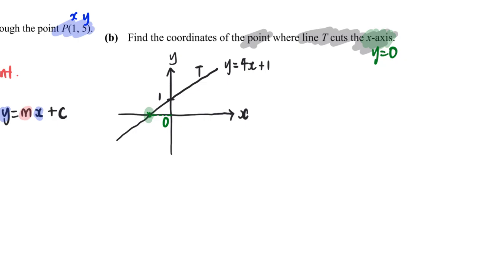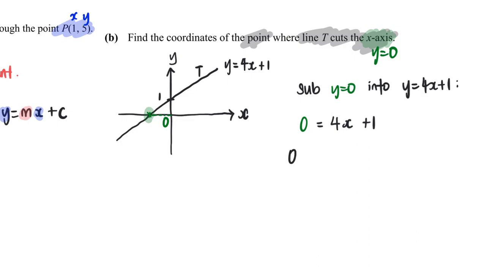So all we have to do in this case here, we just need to substitute y as 0 into the equation. And that will actually help us to find the answer. So 0 is equals to 4x plus 1. So I will have 0 minus 1 equals to 4x.